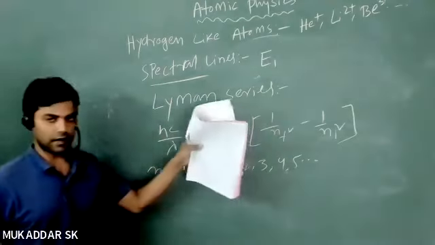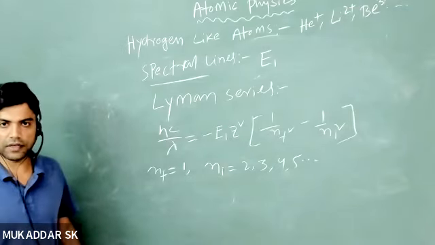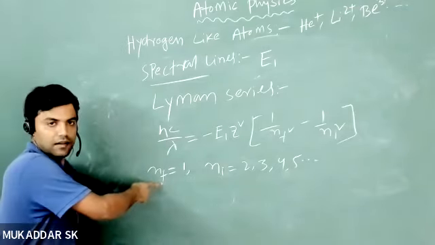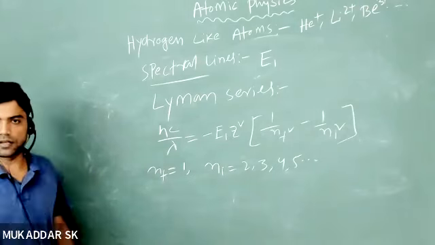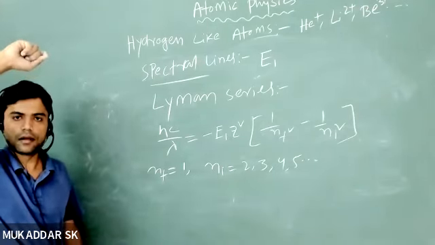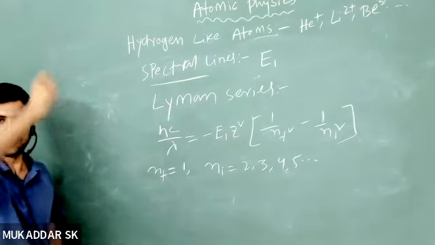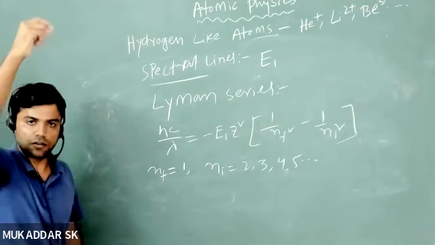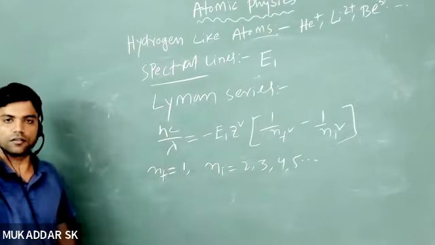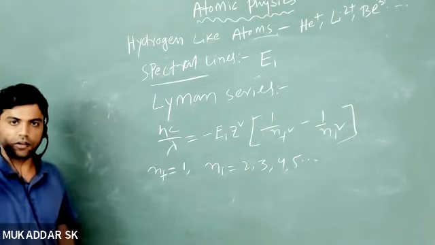So we'll get that spectral line. Basically the electron is coming to the ground state from other states, like n equals 2, it makes a transition to n equals 1. Then also from n equals 3, it makes a transition to n equals 1. N equals 4, that electron also makes a transition to n equals 1.